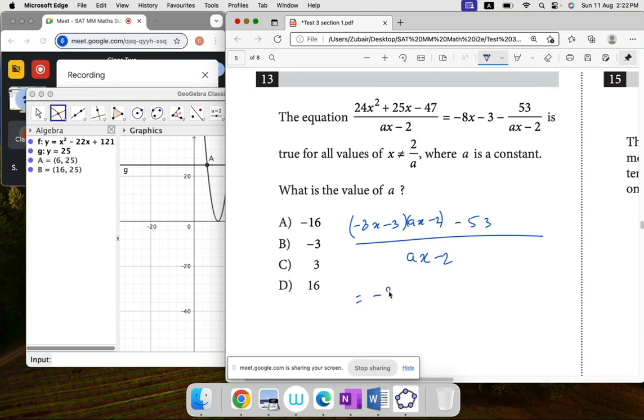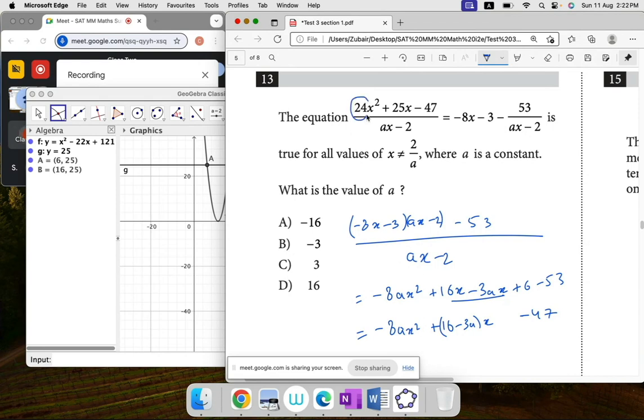So this is negative 8ax square plus 16x minus 3ax plus 6 minus 53. Denominator is now the same, just simplifying the numerator. So minus 47. The x squared term is only minus 8a x squared, and the x term is (16 minus 3a) x.